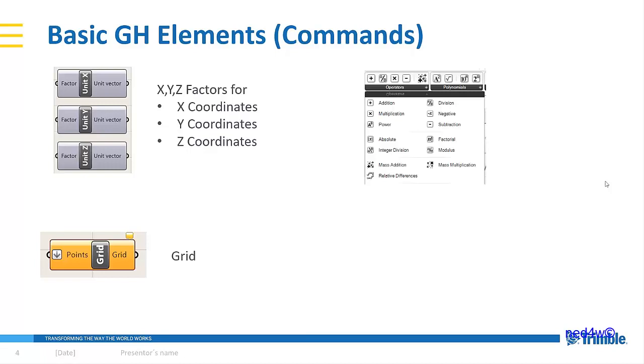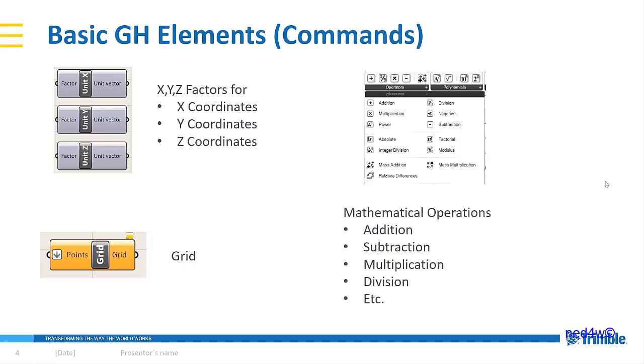And since our topic for today is to create the grid, then we can use our grid elements in Grasshopper canvas. We can also use our mathematical operations like additions, subtraction, multiplication, and so on. But I think at this example, we can use the addition operation.